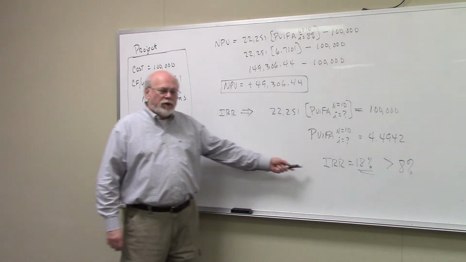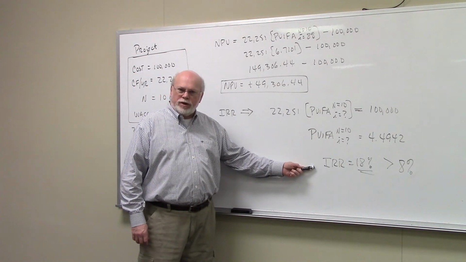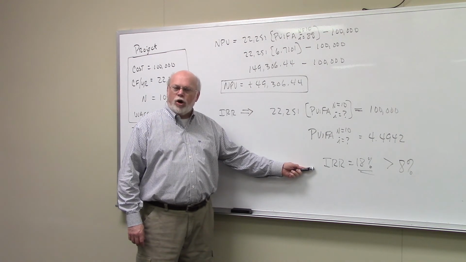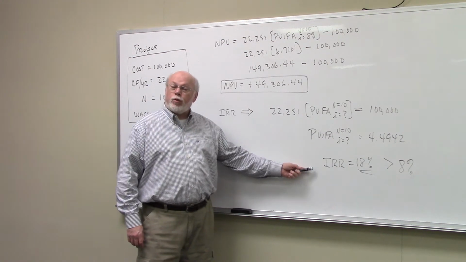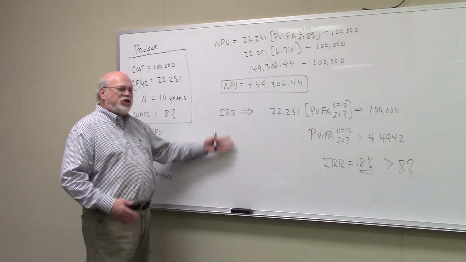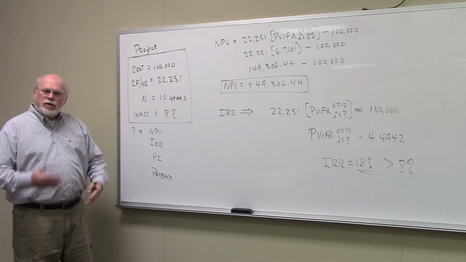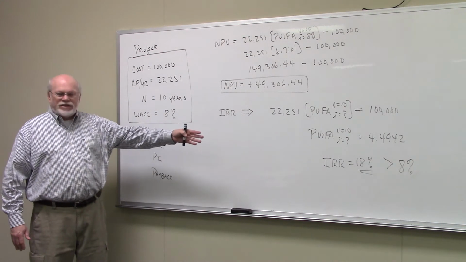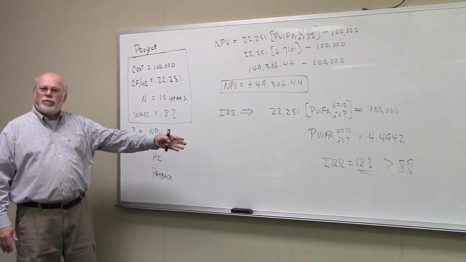This rate of return right here is a promised return. That's not going to work out here because you can't earn 18% on all the reinvested cash flow. So again, we have an issue here with the reinvestment rate assumption for internal rate of return. This is a problem for us.